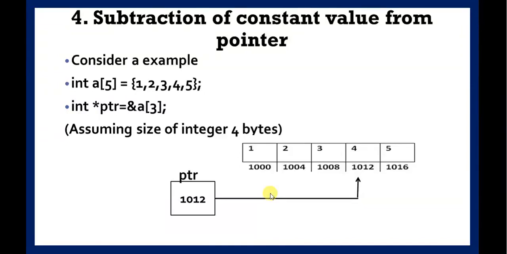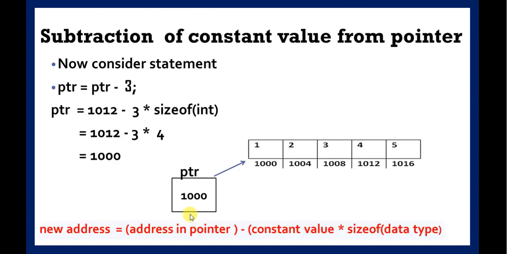Similarly, we can subtract a constant value from a pointer. Consider again the same example, but here I initialize the pointer with the address of the fourth element of the array, means a[3]. a[0] is the first element and a[3] is the fourth element of the array. Means the pointer is now pointing to location 1012. Now if I subtract the value 3 from the pointer, what will we get?